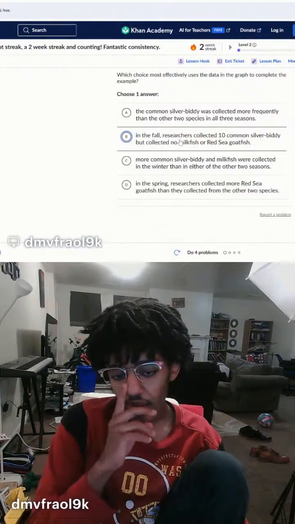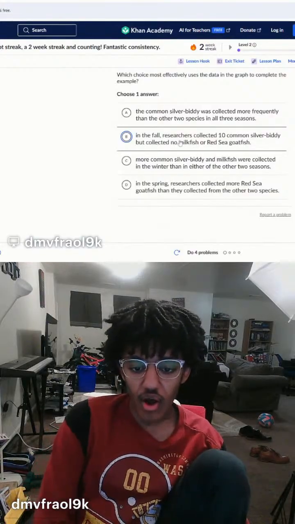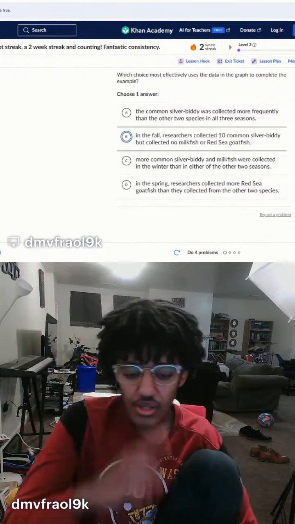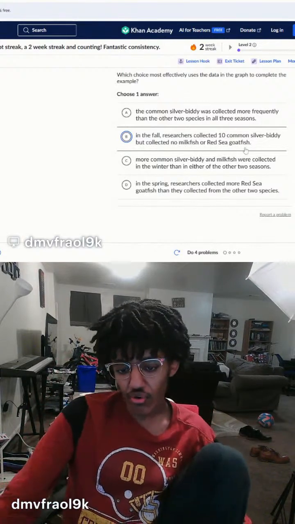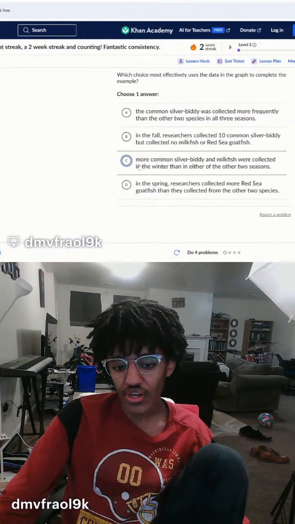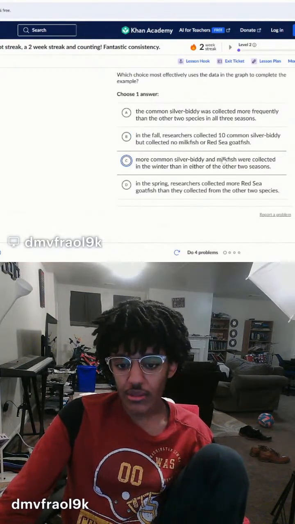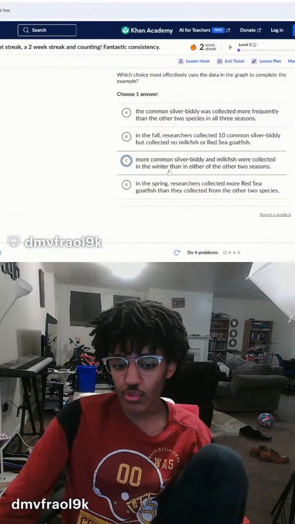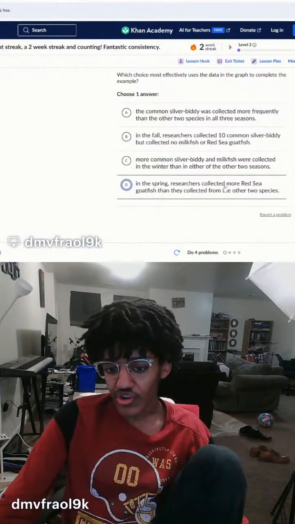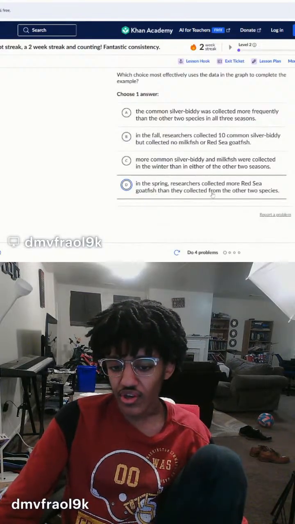In the fall, researchers collected 10 common silver biddies, but collected no milkfish or red sea goldfish. More silver biddies and milkfish were collected in winter than in either of the 2 seasons. In the spring, researchers collected more red sea goldfish than from the other 2 species.